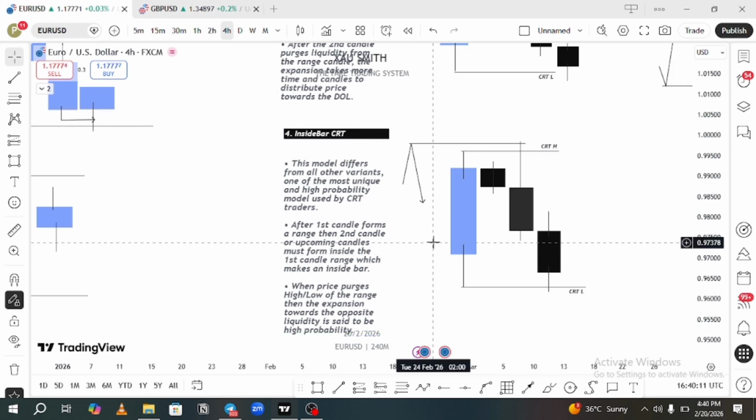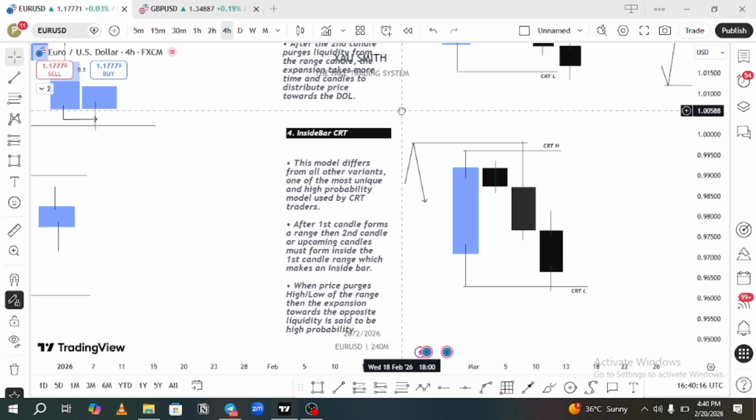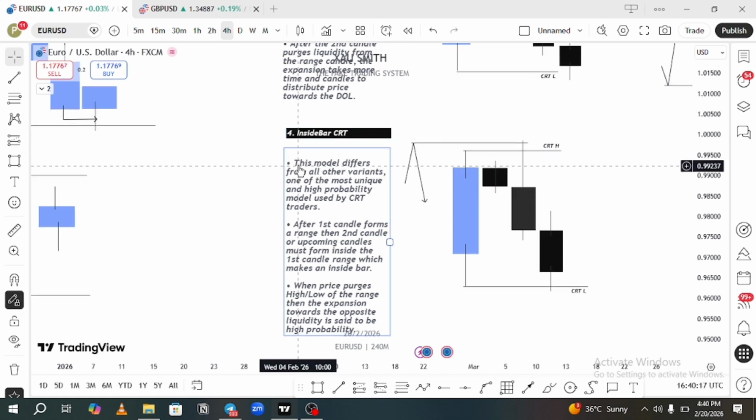Let's read the points before we get back to the chart, and also look for examples, then we can move on. The first point here is that this model differs from all other variants. It is one of the most unique and high probability models used by CRT traders.